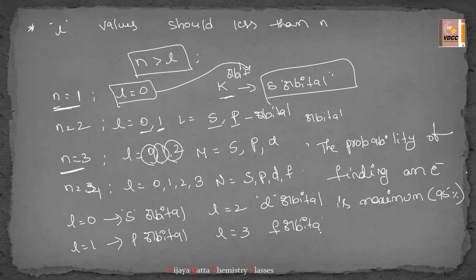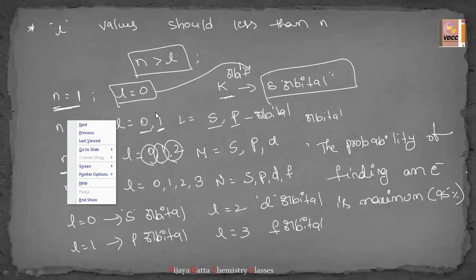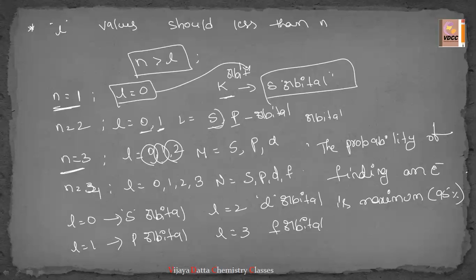And here one important thing we can know: this L describes the spatial distribution of electrons, the spatial distribution of the electron cloud, and angular momentum, both given by mvr equals nh by 2 pi. It gives the name of the subshell within the main shell, that is the K shell, which has L value 0, s orbital, then p orbital, d orbital, f orbital.